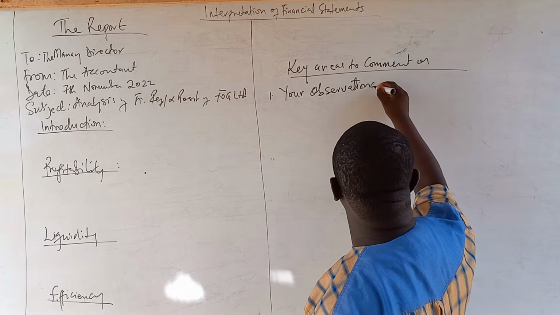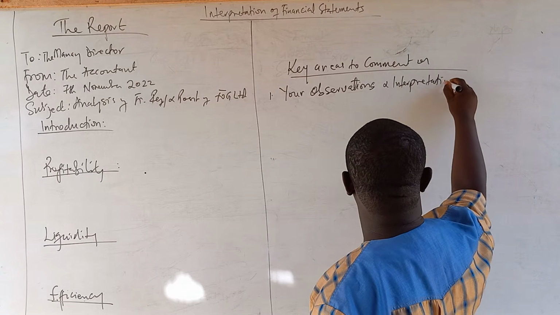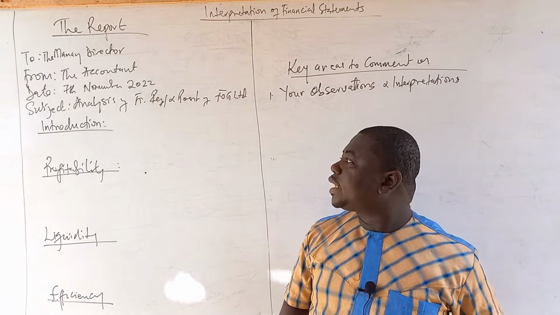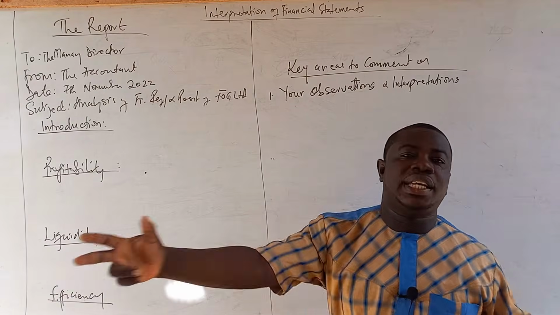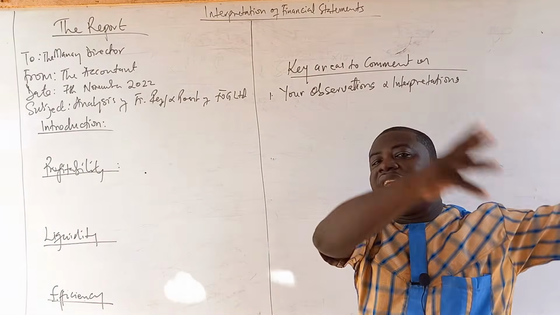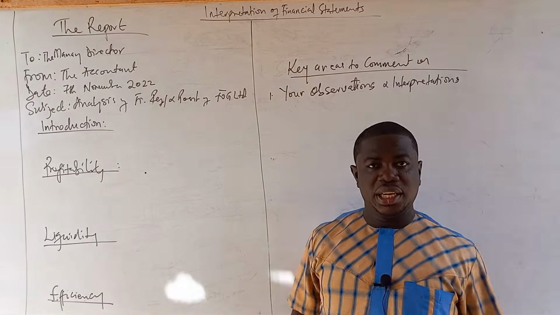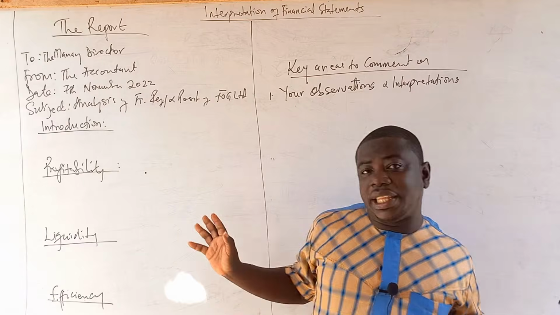So your observations and interpretations of what you have seen. That is the first thing you should talk about. So if you have observed that the company FOG Limited is doing 25% as net profit margin when the industry is doing 30%, that is your observation. What is the meaning? It means that they are doing worse as compared to their competitors.